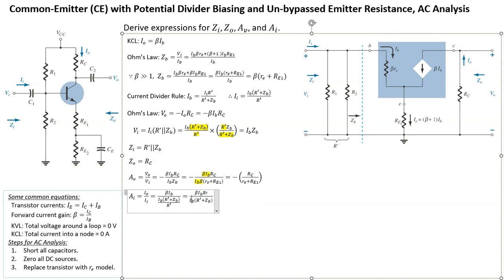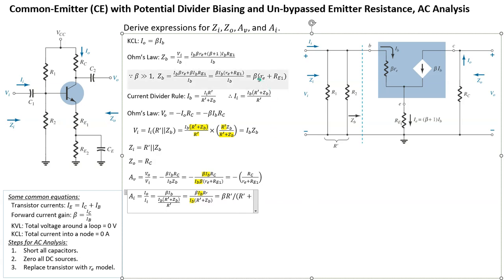Now let's substitute ZB into the equation. Let's cancel out IB. Then at the top you're going to have beta R prime, all divided by R prime plus ZB.